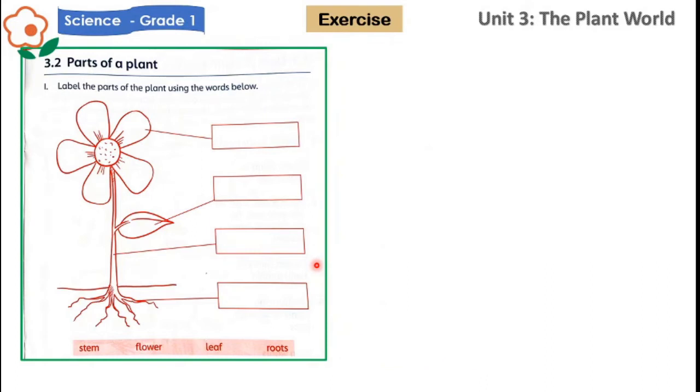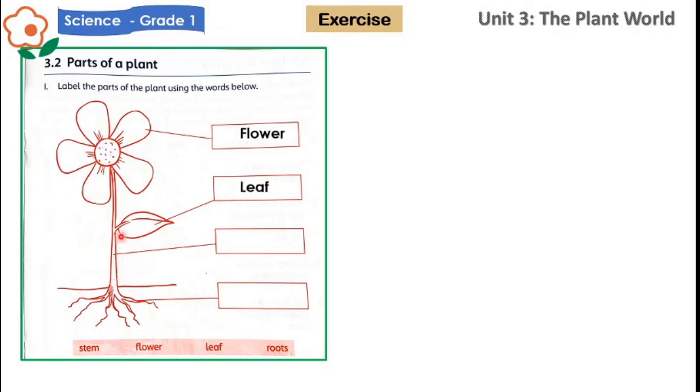Part of the plant, label the parts of the plant using the words below. You have to label the parts of the plant, and you can see on the screen that this part of the plant is known as flower. Now this part of the plant is also known as the food factory. So what will it be? It is leaf.